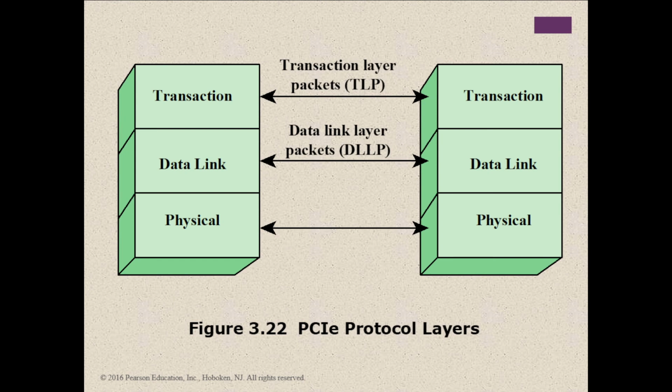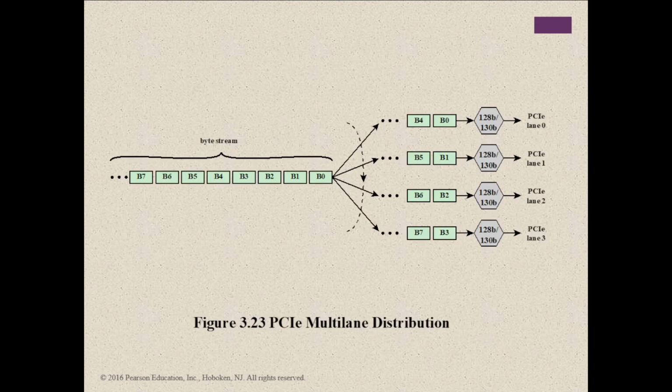And then the next figure, 3.23, is the illustration of the PCIe multi-lane distribution, similar to QPI. As I've said, it is similar to QPI. PCIe is a point-to-point architecture. Each PCIe port consists of a number of bidirectional lanes.